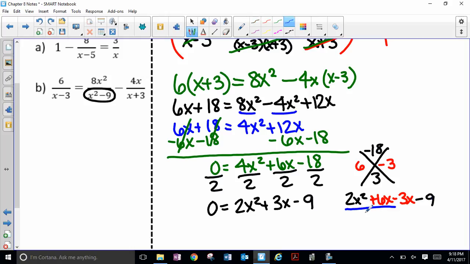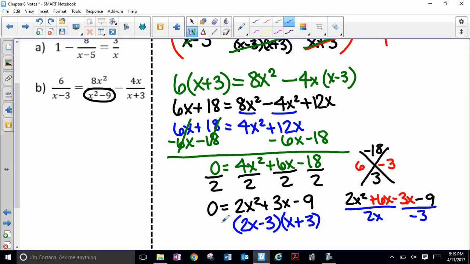Divide by 2x, and I can divide this by negative 3. You always take the sign of the leading one. And so 2x minus 3 is one of my parentheses. So whatever you divide out here is one of your parentheses. And then when I write what's left over, 2x goes into 2x squared once and leaves an x. 2 goes into the 6 3 times, so plus 3, and then the x cancels.